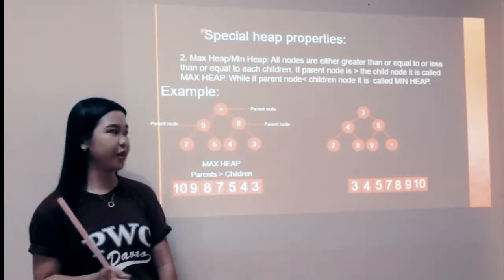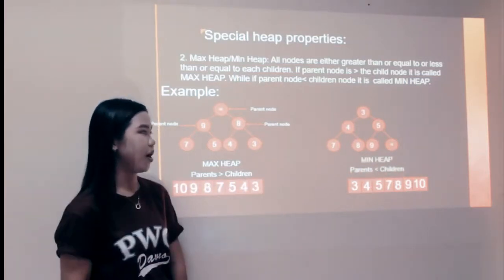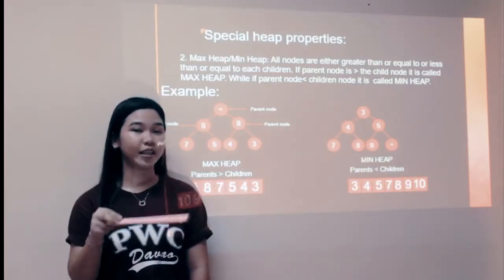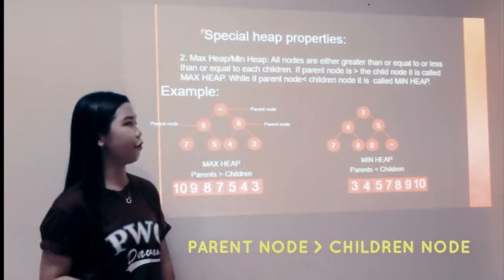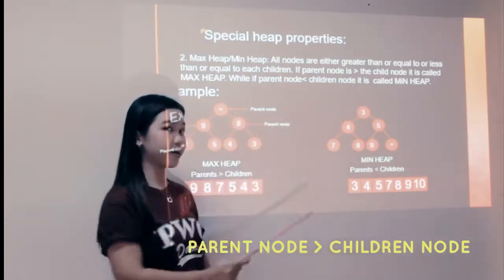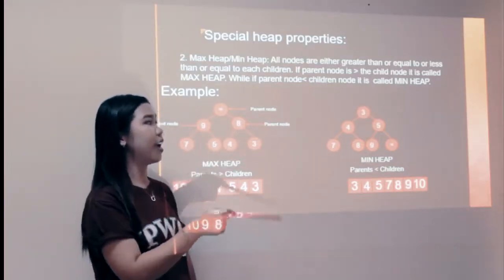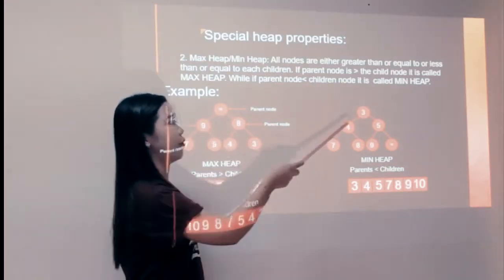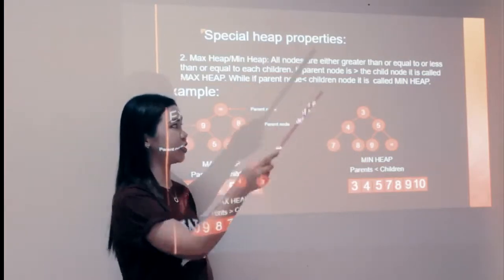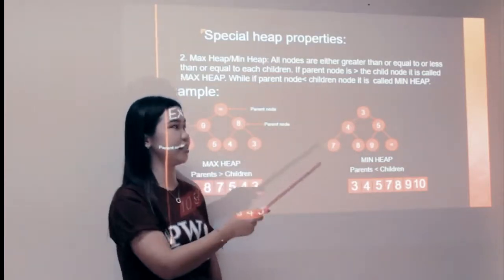The next type of heap is the min heap, wherein parents should be less than their children. For example, if your parent node is 3, then the children should be greater than the parent node. For example, 4 and 5 are greater than the parent node 3. So this is a min heap.